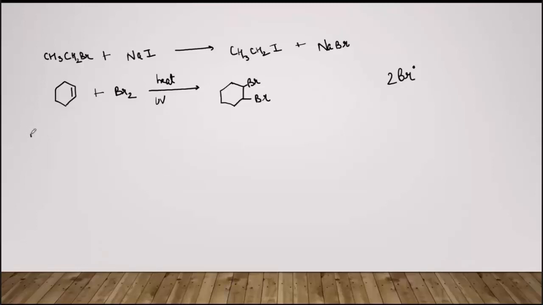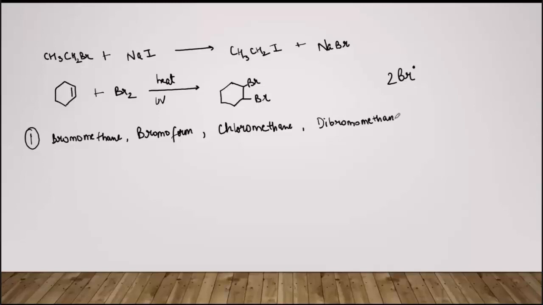So the first set is bromomethane, bromoform, chloromethane and dibromomethane. These are the four compounds given to us, and we have to arrange them in the increasing order of their boiling point.